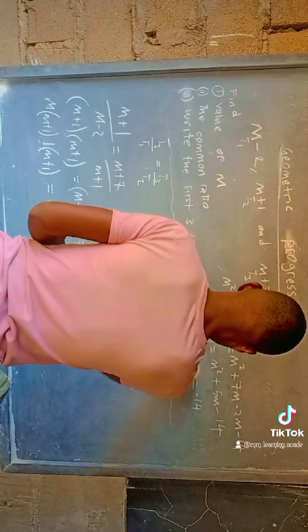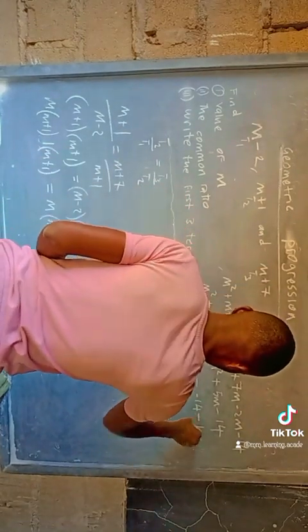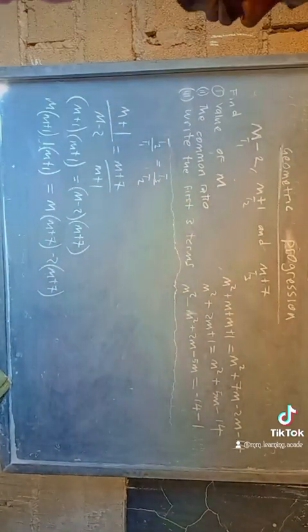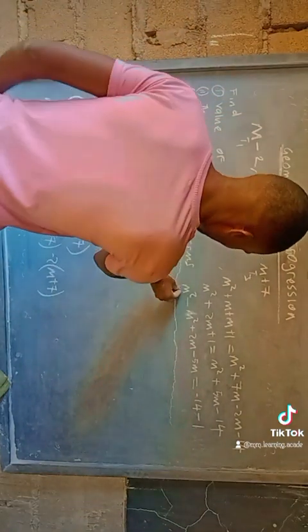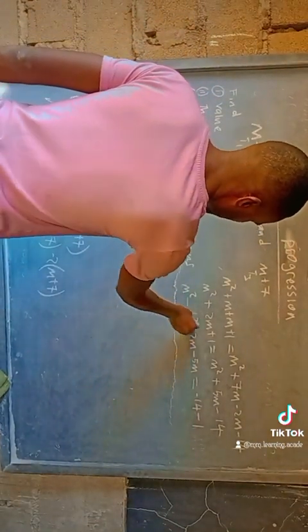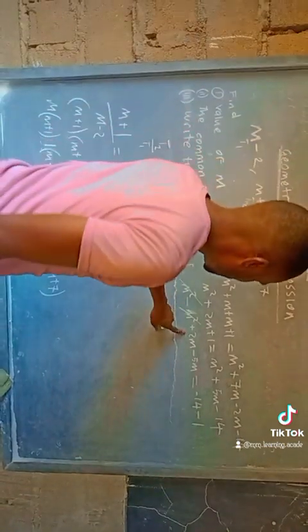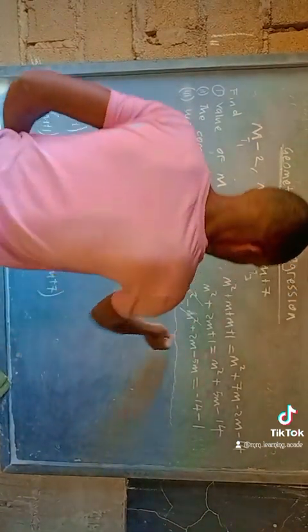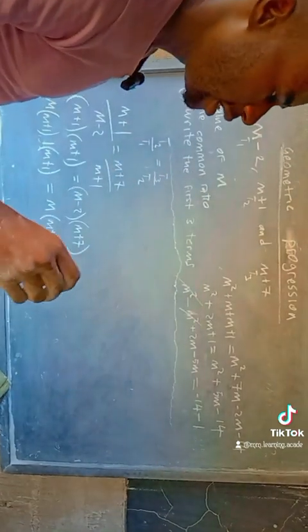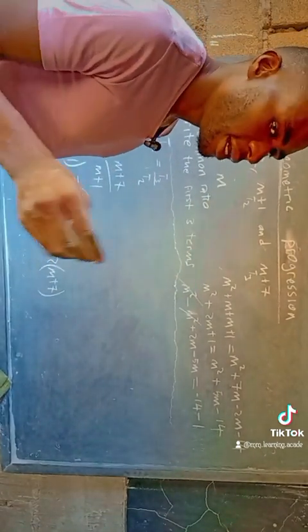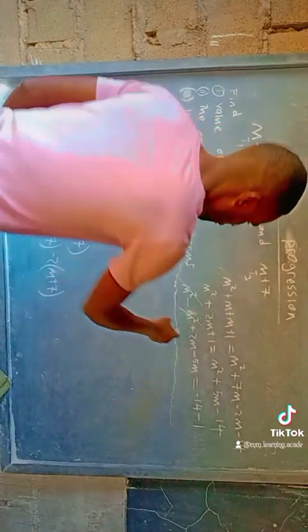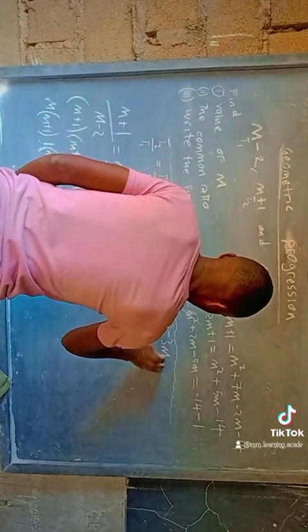Positive 1 crossing over gives negative 1. So m squared minus m squared gives us 0, so we can cancel there. Then 2m minus 5m: every time a smaller number subtracts a bigger number, the result is negative. So that will be negative 3m.